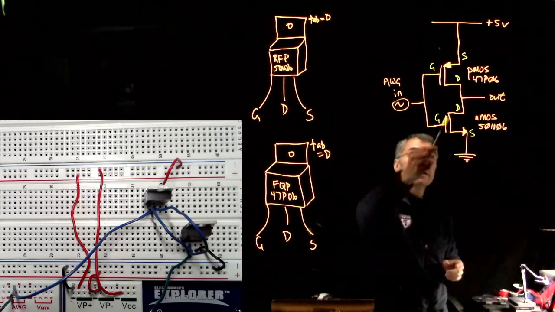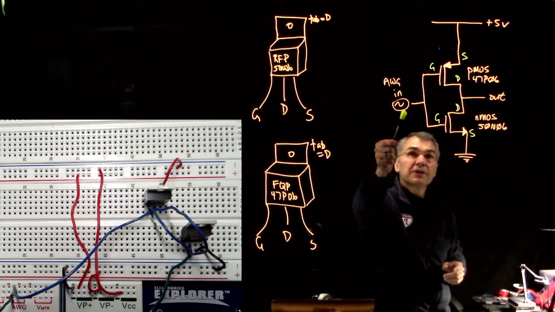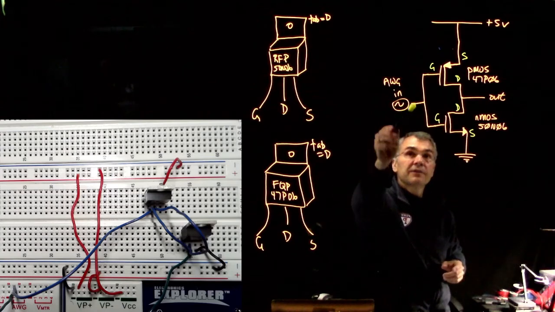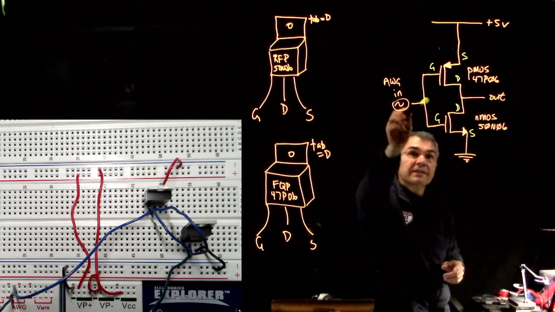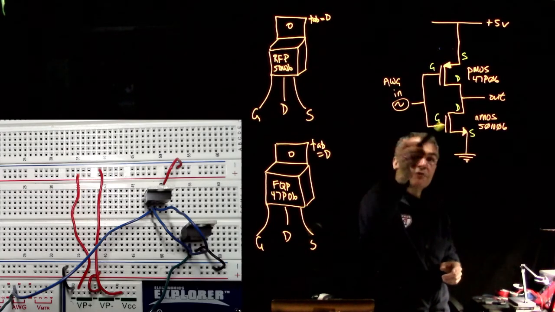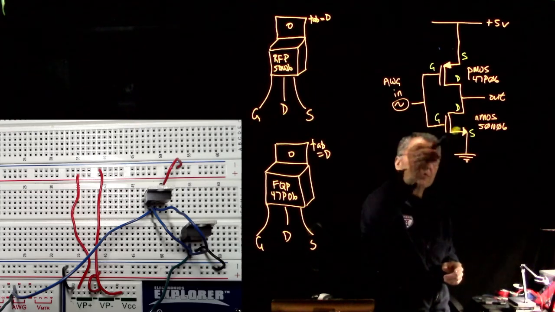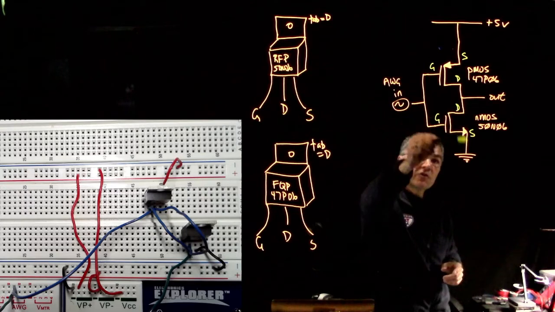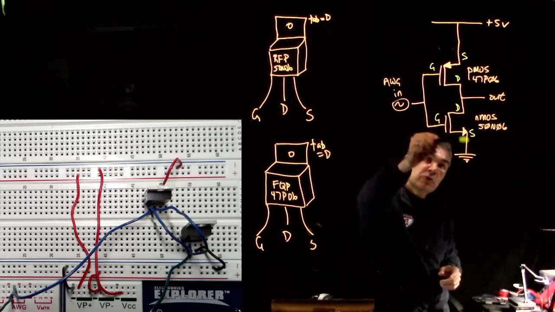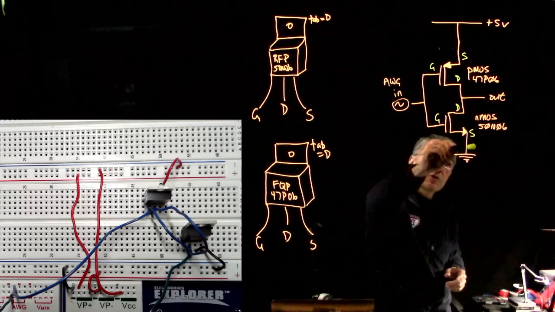So if the input is high, then VGS is above V threshold for the NMOS transistor. And so this is basically on, and you get a low resistance connection from drain to source, so the output is low.